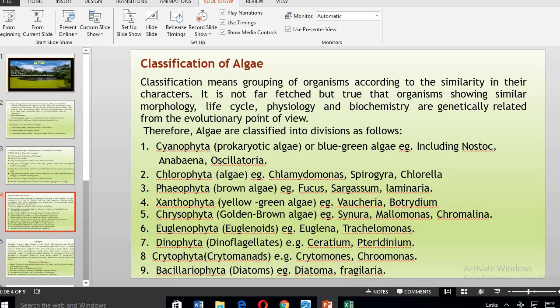Some books will refer to them as the Cryptomonads. An example of a Cryptomonad is Cryptomonas and Chroomonas. And lastly, we have the Bacillariophyta. The Bacillariophyta are the diatoms, and an example is Diatoma and Fragilaria.